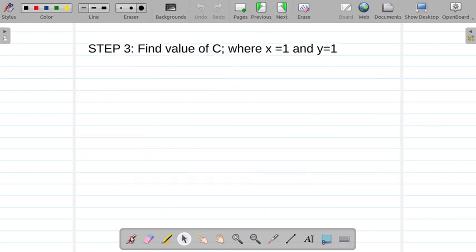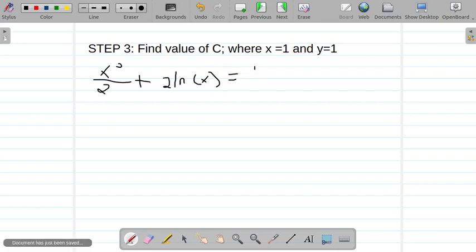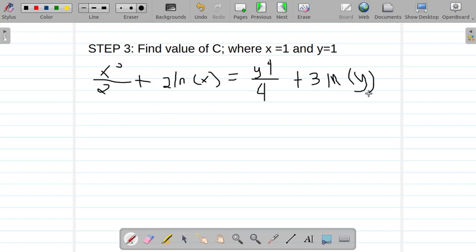So x squared over 2 plus 2 ln of x is equals to y to the power of 4 over 4 plus 3 ln of y plus c.